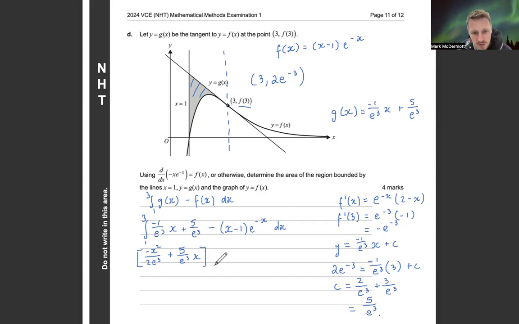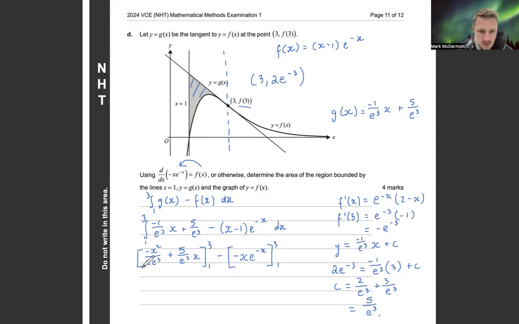Okay, and we're just going to separate these integrals. Well, that's how I did it the first time. Minus, thankfully we know this. We know that the antiderivative of f of x is negative x e to the negative x, because the derivative of this thing is f of x. So an antiderivative of f of x must be negative x e to the negative x between 3 and 1.